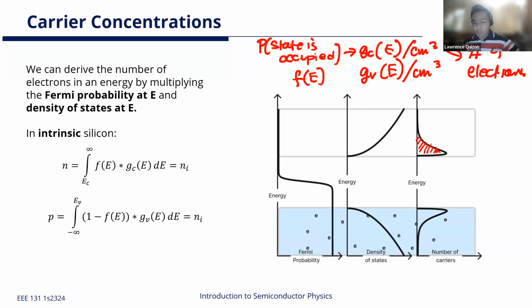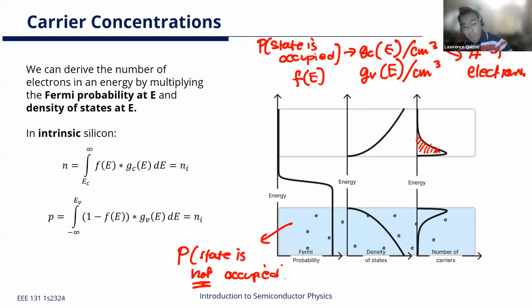Likewise, if we take the probability that a state is not occupied, then ano yung kailangan natin gamitin? 1 minus F, di ba? 1 minus F because it's the probability that a state is not occupied, which is the opposite of Fermi probability.